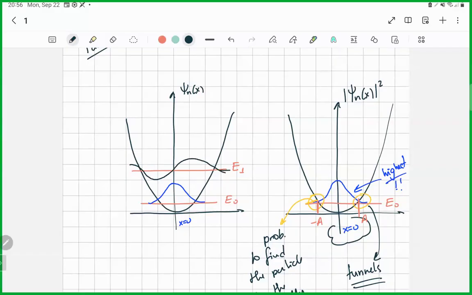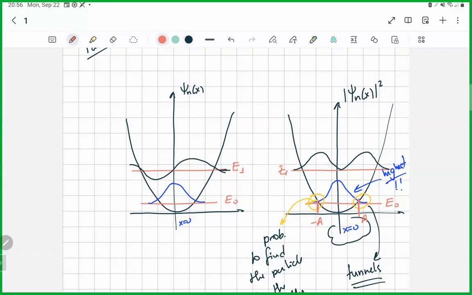And if I make this plot for the probability, we'll see that now we have these two oscillations. If you go higher and higher, you will see more and more oscillations showing up.